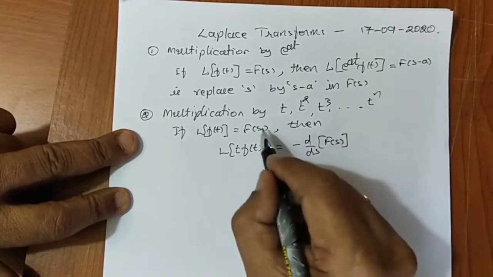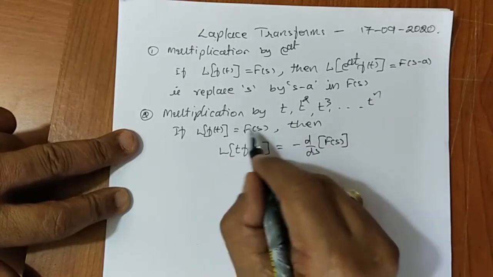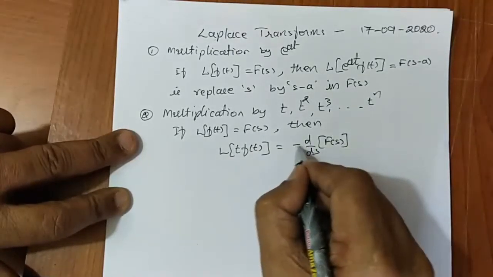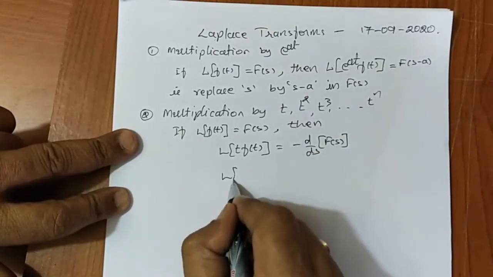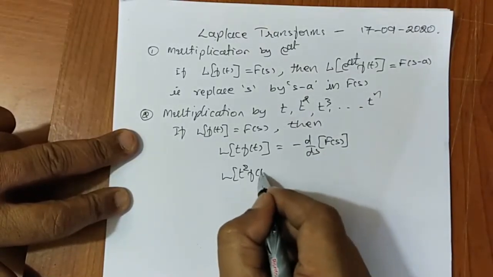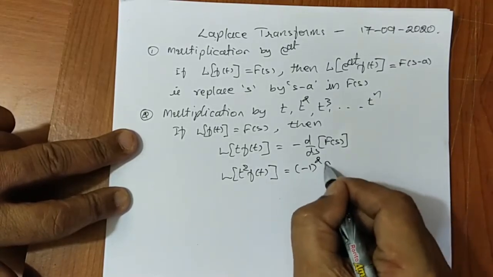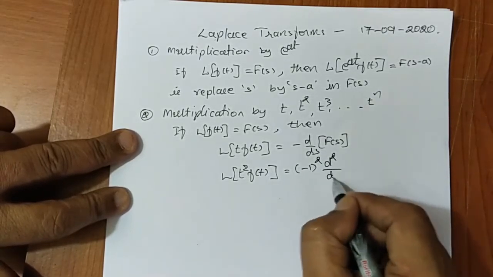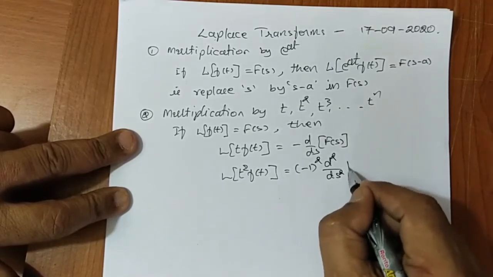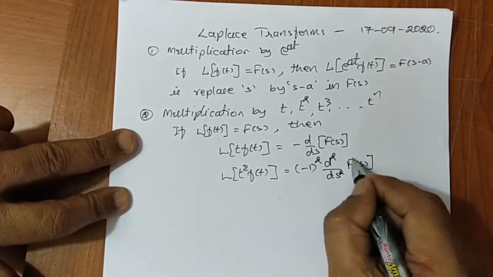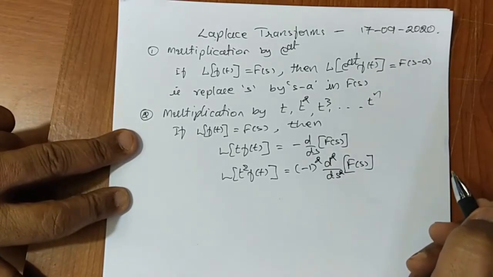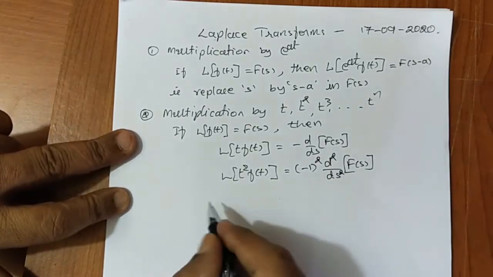I differentiate F of s with respect to s and take minus of that. Then L of t squared times f of t will be minus 1 whole squared, d squared by ds squared of F of s. That is, I should differentiate F of s twice.